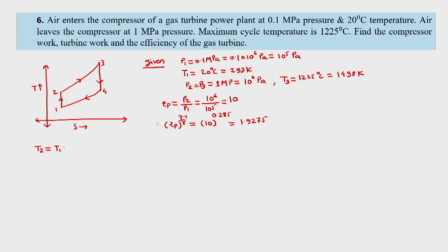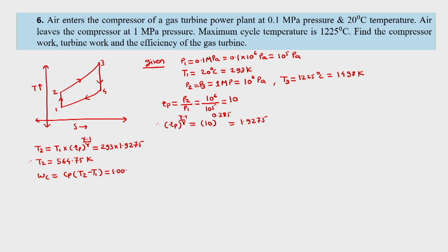So T2 is equal to T1 into Rp raised to gamma minus 1 upon gamma. So it is 293 into 1.9275. So T2 becomes 564.75 Kelvin.